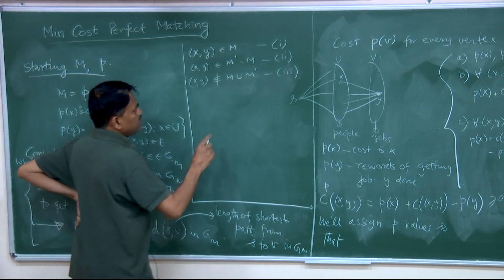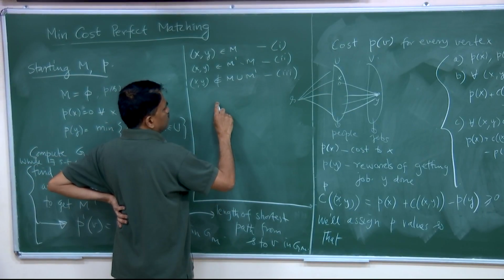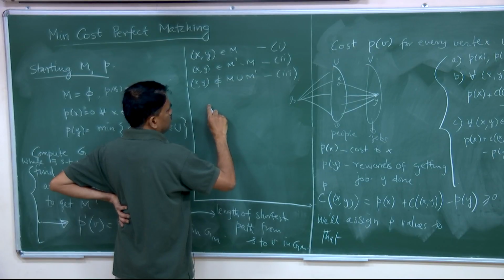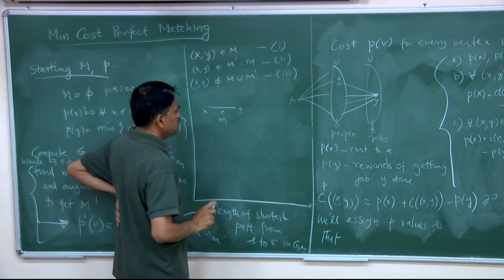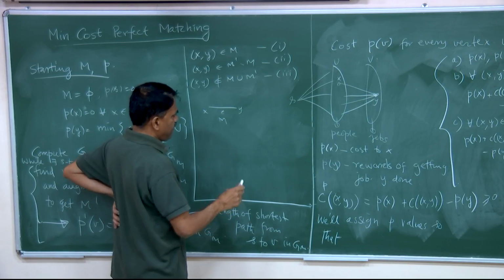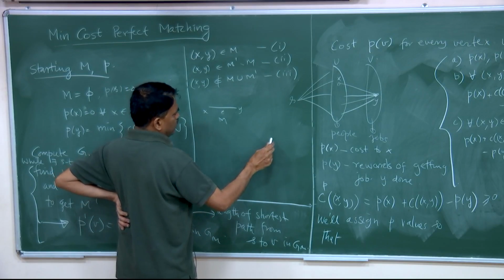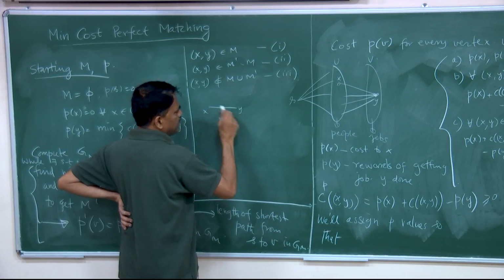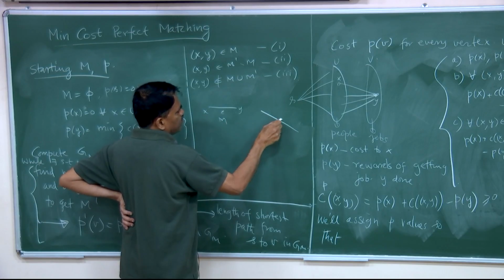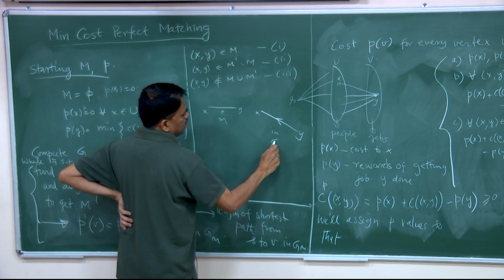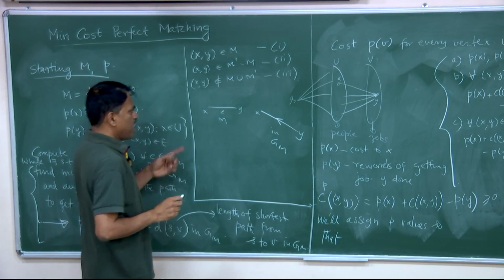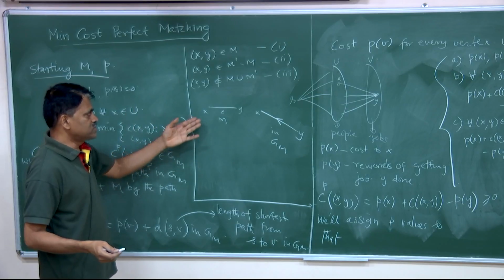Okay, case 1. Suppose xy is in M. Then let's look at the residual network. The only edge coming into x would be from y. Right? What are all the edges to x?